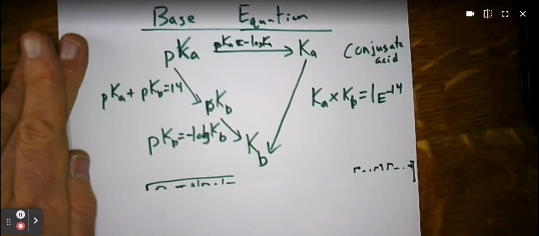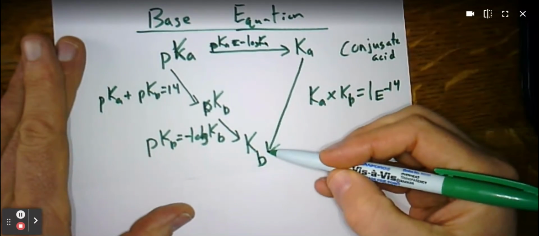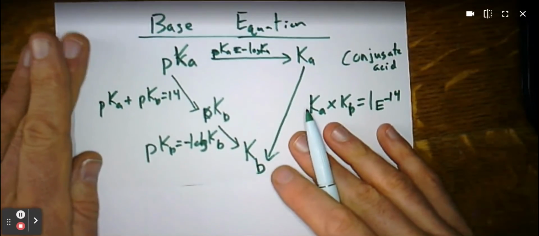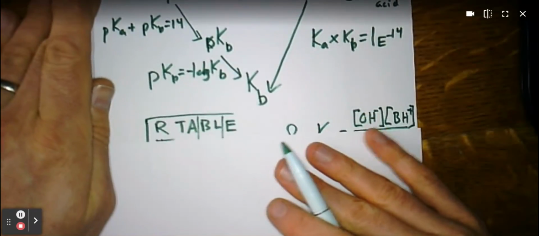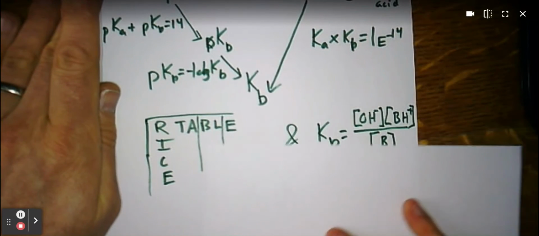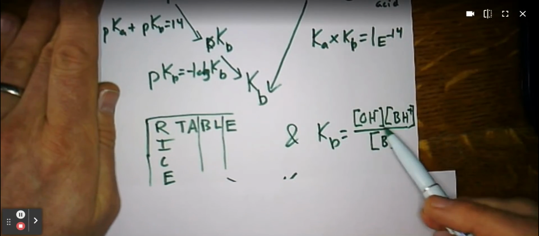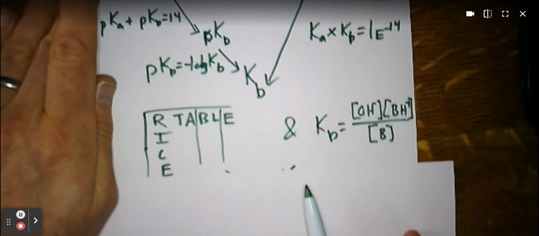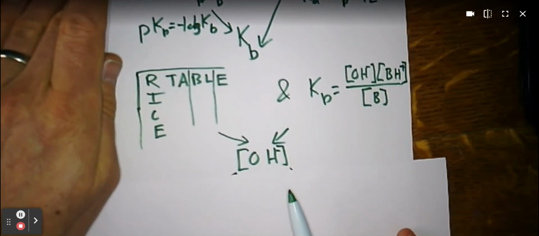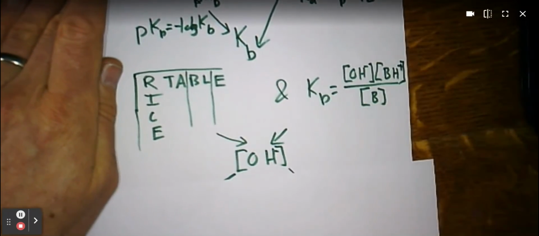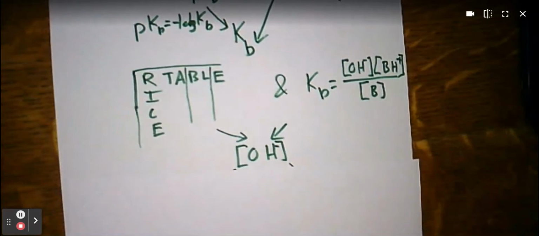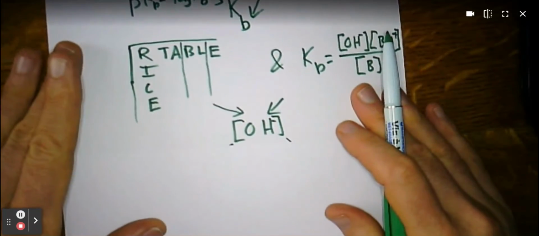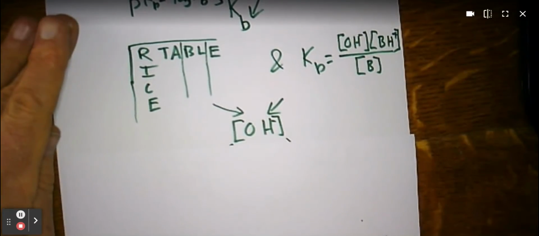Once I have my Kb, my base ionization constant, for a weak base I set up my RICE table, set up my equilibrium expression, and substitute my values from the RICE table into the equilibrium equation. That's going to give me a concentration of hydroxide. Sometimes they'll want to know the pH, because that's typically how things are measured. We measure pH, not pOH.